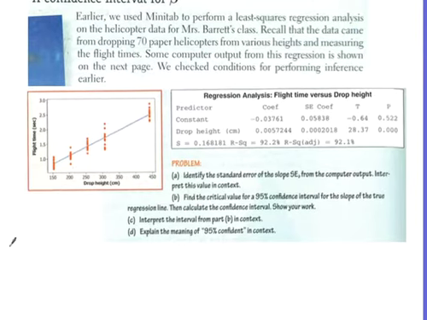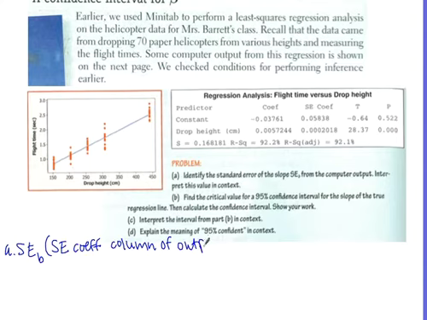So basically, we want to know what is the standard error of the slope. SE sub b is going to be the SE Coefficient column of your output. So basically, it's going to be this number.